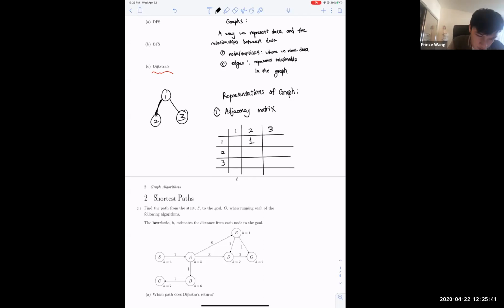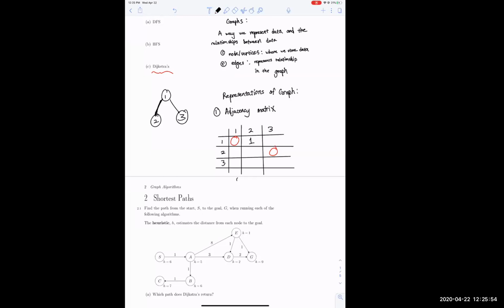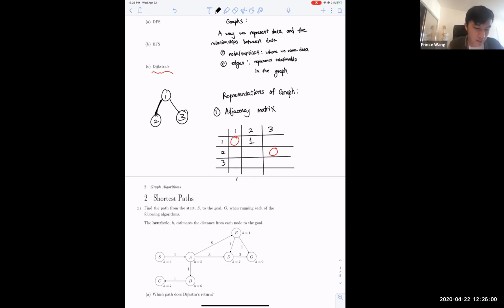Can anyone tell me the corresponding number for this blank and this blank? What number should I put in? 0, for both of them? Yeah, exactly, because there is no edge from 1 to 1. There's no self-containing edge, and there's also no edge between these two.